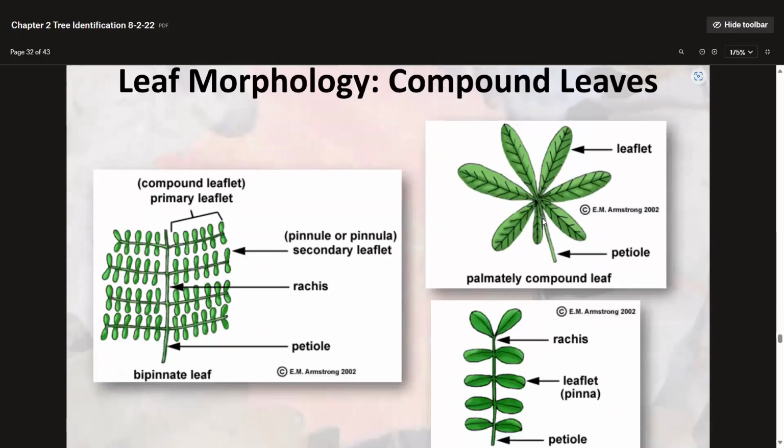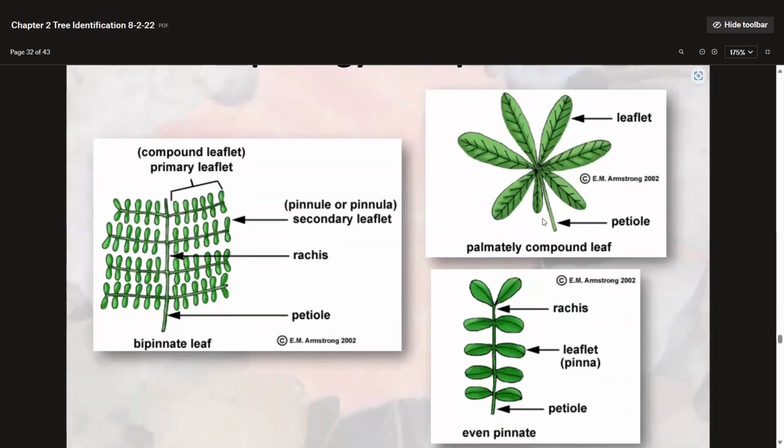Morphology and compound leaves. All right, a lot of people ask questions about this all the time. So let's see if we can help clear this up. So on the left, you have your compound leaflet, right? Within that compound leaflet, you have your primary leaflet, right? You see that area? And then your pinnule or pinnula is your secondary leaflet. You have a rachis that they all attach to that goes down to the petiole that then attaches to the twig, right?